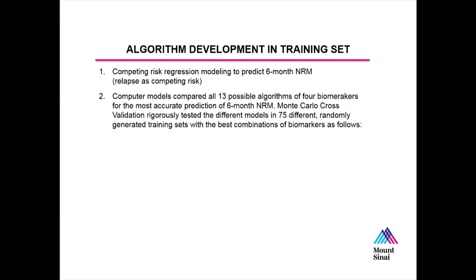The computer models compared all 13 possible combinations of algorithms of the 4 biomarkers for the most accurate prediction of 6-month NRM. We then used Monte Carlo cross-validation to test 75 different training sets that had been randomly generated to find the best combination of biomarkers.